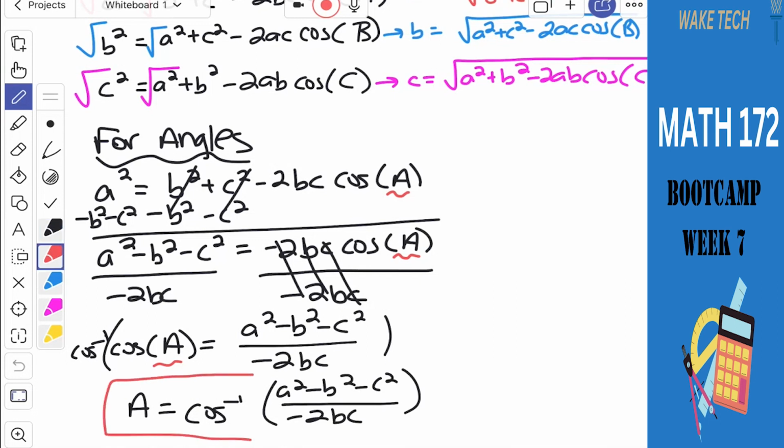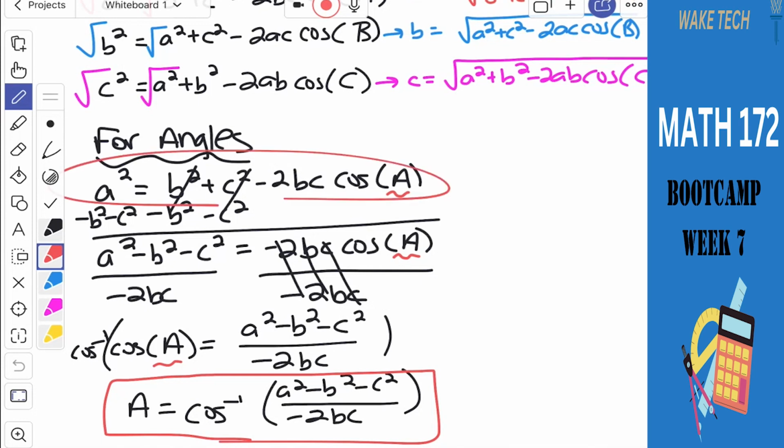Put a red box around it to indicate that the equation that's written there is the equation that would be used to determine angle A. But literally what we're doing is taking the original equation from way back up there, moving everything to the other side, and isolating the capital A, angle A, by itself.